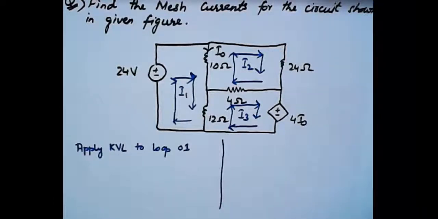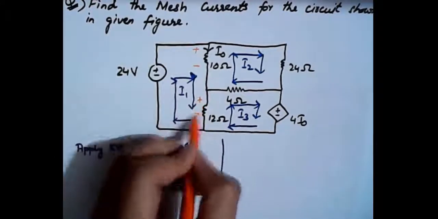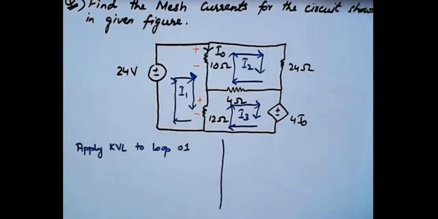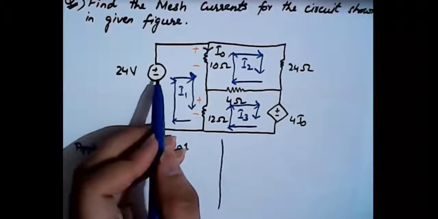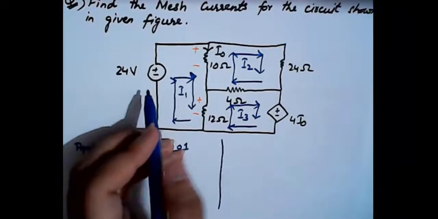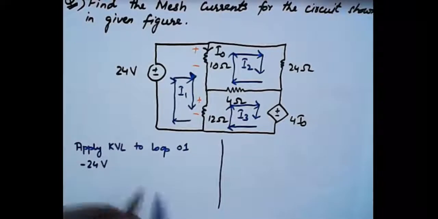right? Now we need to assign the polarities, plus minus. Since we do not have the polarities defined, we will be assuming that the current is entering the positive terminal, right? So starting from this point, the first voltage that we encounter is minus 24 volts, right?